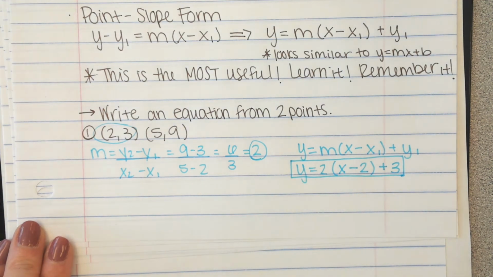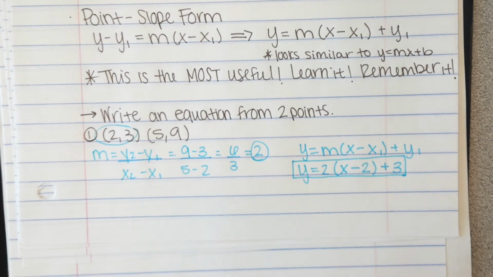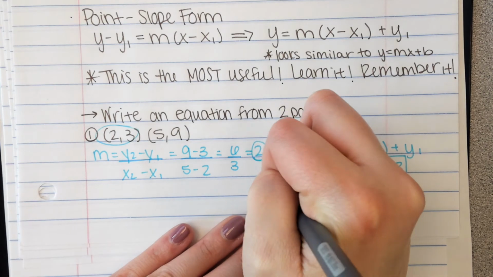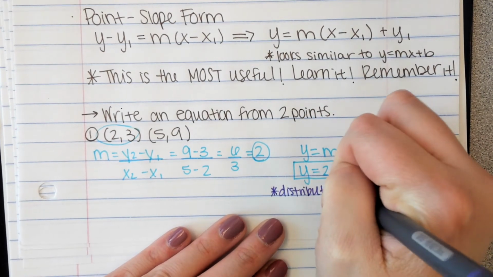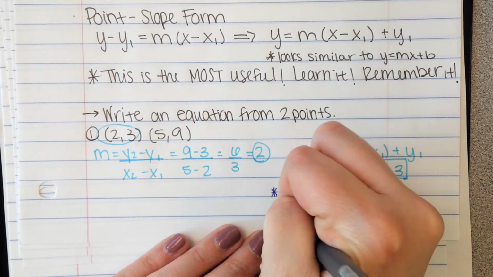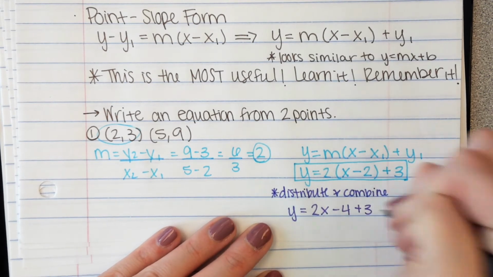If you want to change it to slope-intercept form, it's really easy. We're just going to, we'll make a little note, distribute and combine. So if I distribute, I'm going to have y equals 2x minus 4 plus 3.